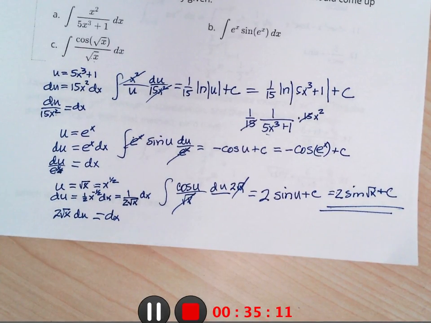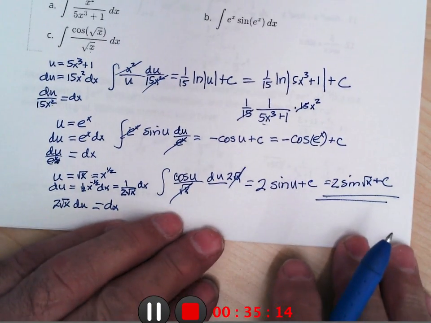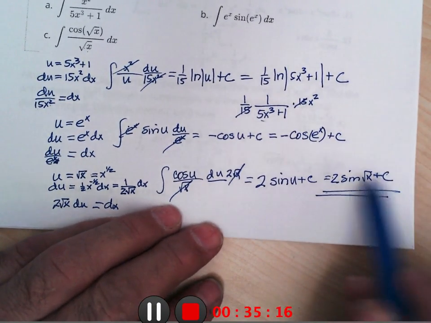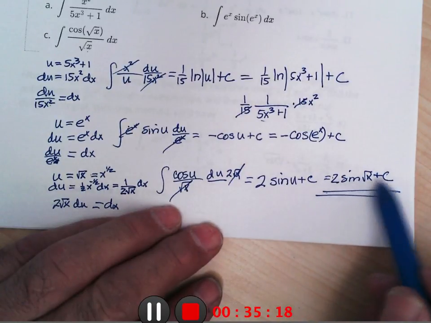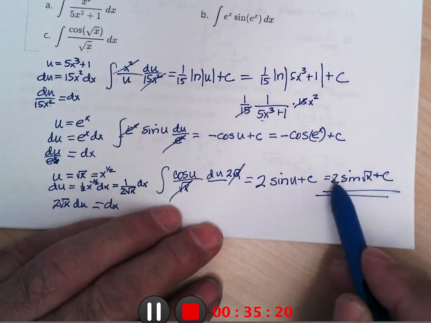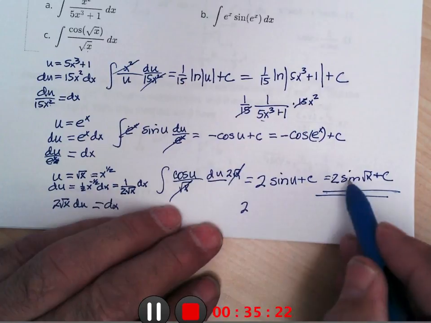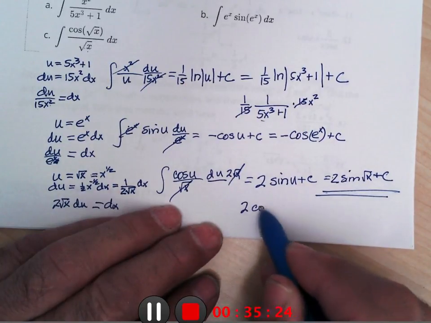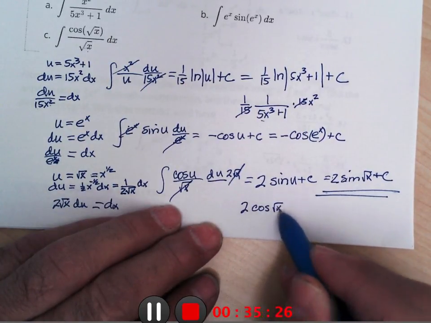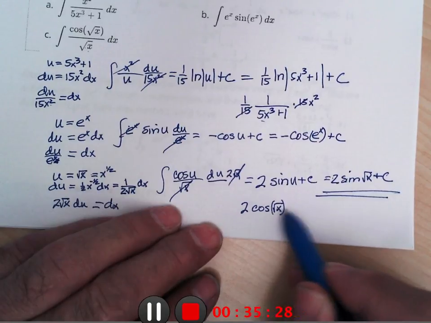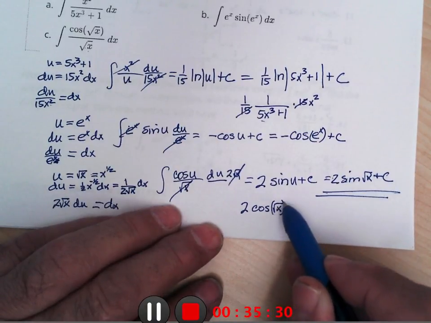Let's check it by taking the derivative. The derivative of a constant's gone. The 2 would stick around. The derivative of sine is cosine times the derivative of the inside. Derivative of x to the 1/2 is 1/2 x to the minus 1/2.